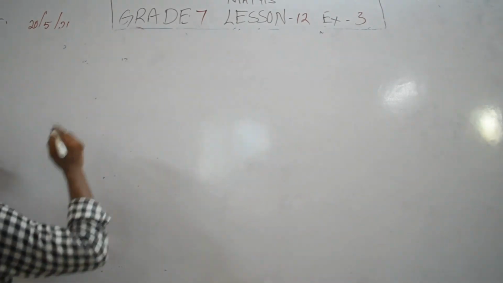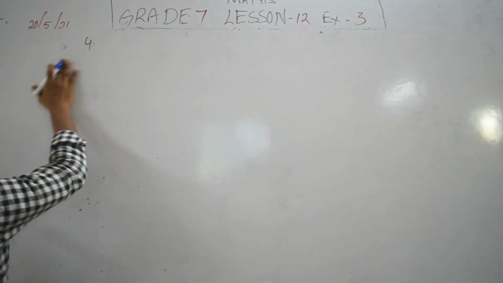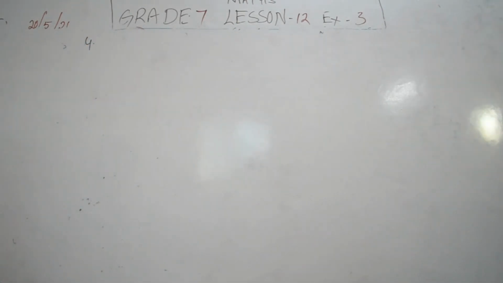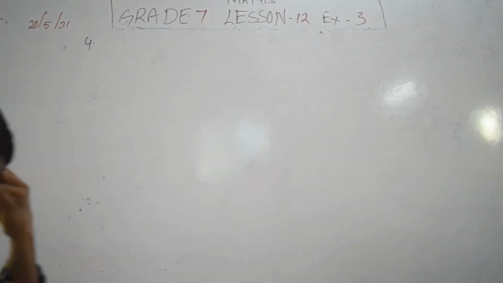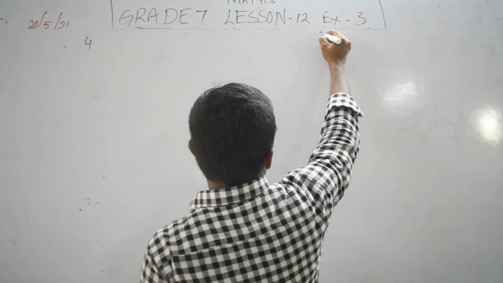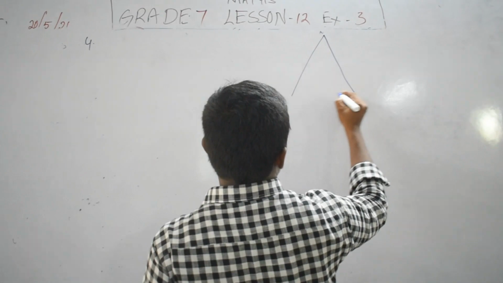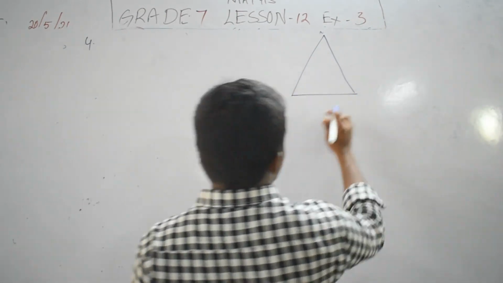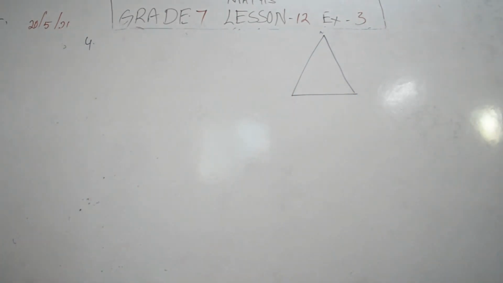Here see fourth one. They are given an isosceles triangle. What is the isosceles triangle? Two sides are equal, that is the isosceles triangle. Here see, this is the isosceles triangle PQR.